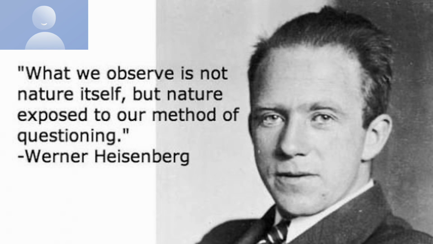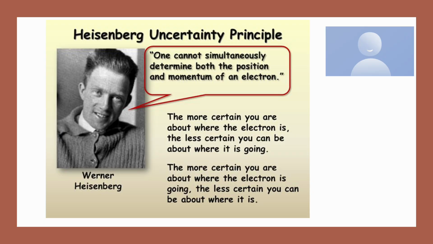When you do other experiments to see if it's a wave function, it also shows as a wave. You can only ask one question at a time, and that can only give you a small glimpse into what's happening. If you ask a different question, you get another small glimpse. So it's not that nature is changing, it's that the way we do experimentation affects what we're going to see.